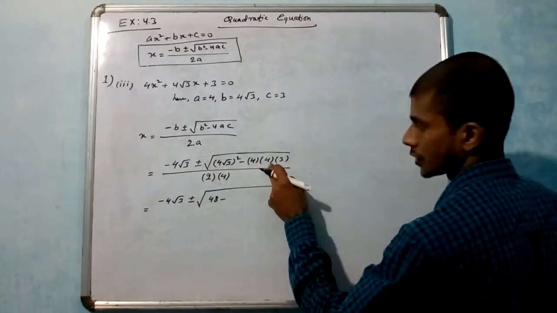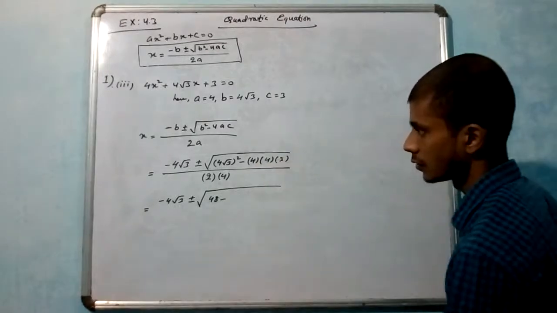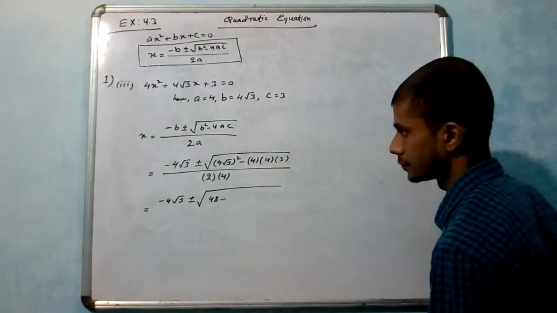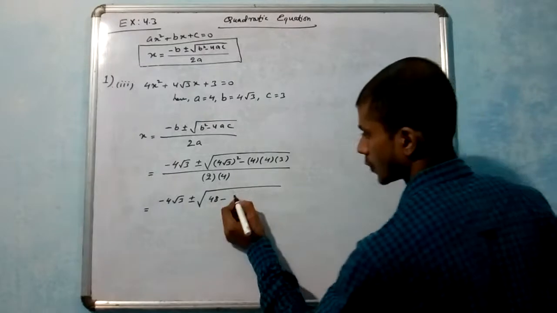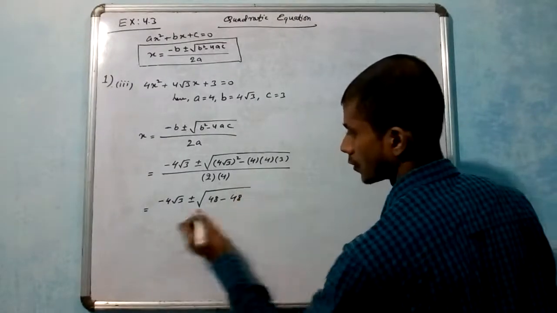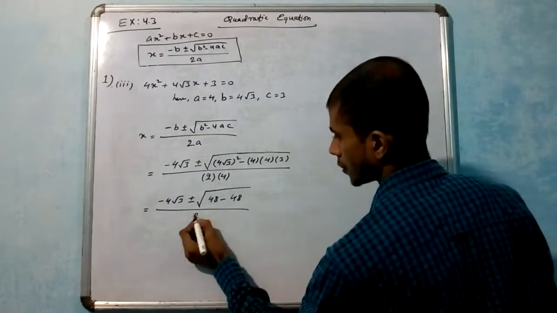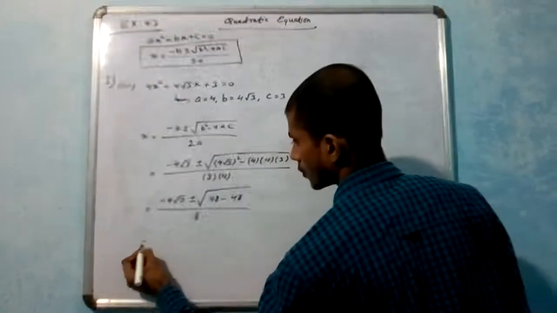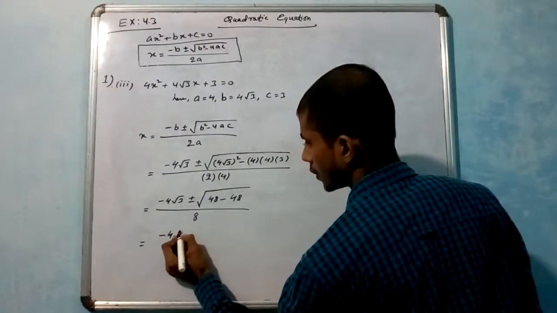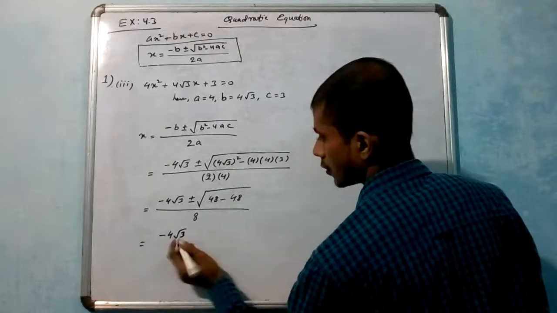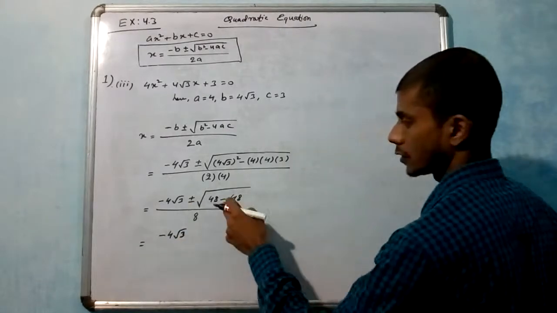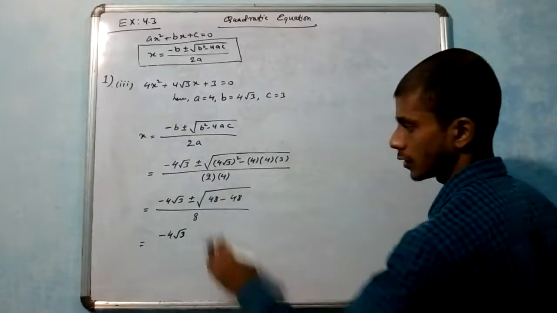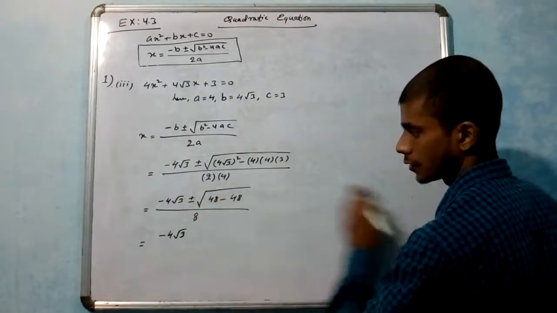Minus 4 into 4 into 3, 16 3s are 48, by 8. So minus of 4 root 3 plus minus 48 minus 48, 0, square root 0, nothing. So completely this is 0.